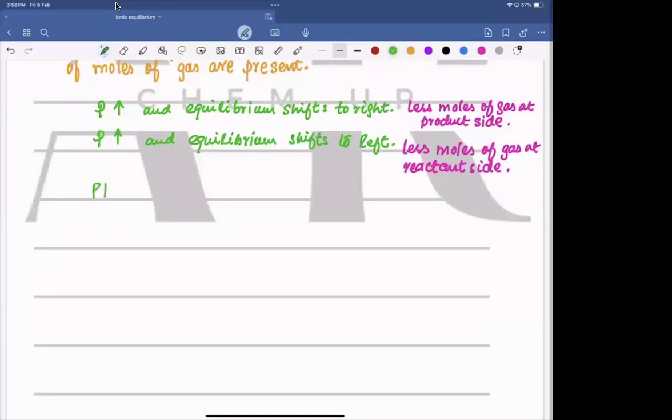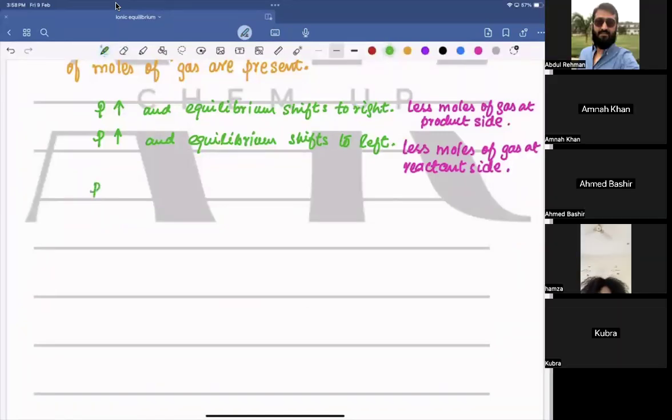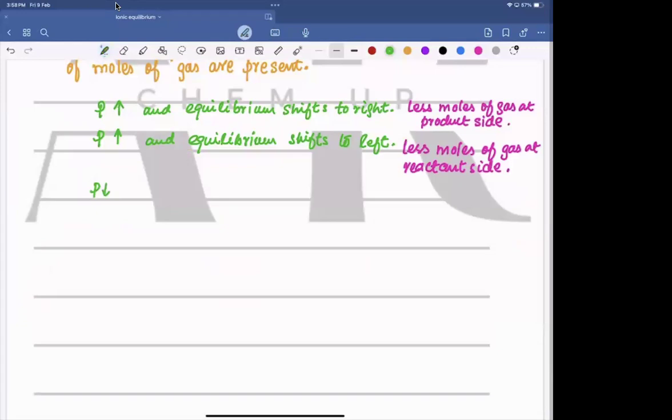If we lower the pressure, in which direction will the equilibrium shift? Towards where there are more moles of gas.